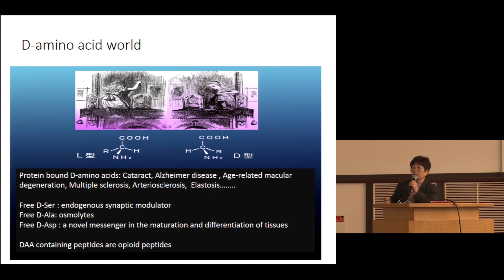Free D-serine functions as an endogenous synaptic modulator, and free D-alanine has osmolyte function. And free D-aspartic acids are novel messengers in the maturation and differentiation of tissues. And D-amino acid containing short peptides are opioid peptides.